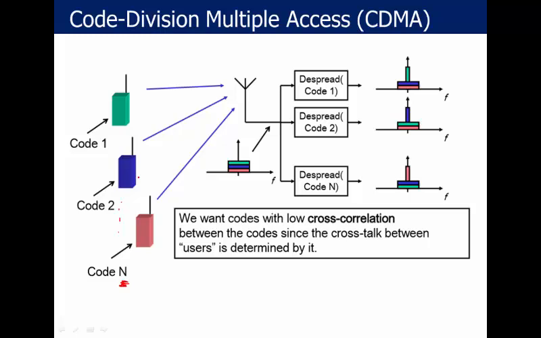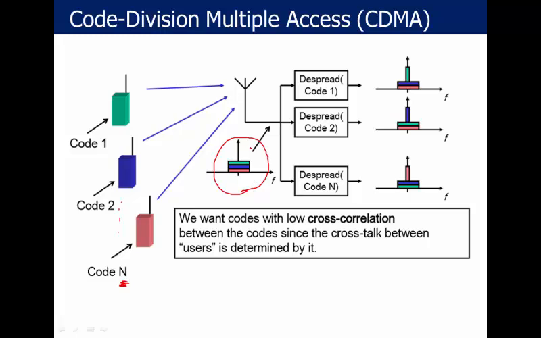So multiple sources coming into our antenna, and, well, this is the receiver side, right? But the sender side idea is similar. When you receive multiple codes together, they are all together like this. Originally it is n different codes, but they are all together codified.